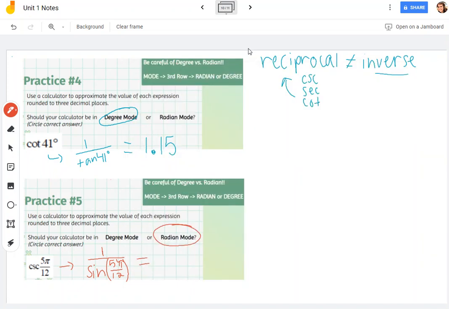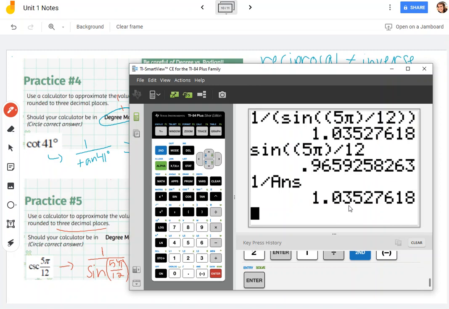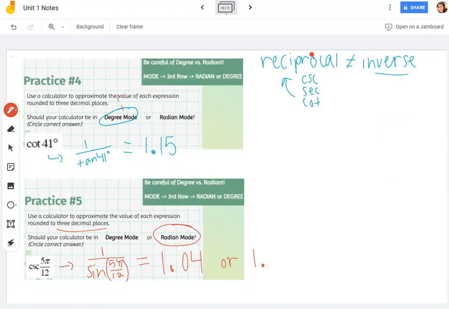You're getting that both times. So there you go. That is how to do it in your calculator. Just make sure you're reading, I didn't even check it, we're doing 3 decimal places. So 1.035, the 2 will not make us round. There we go.